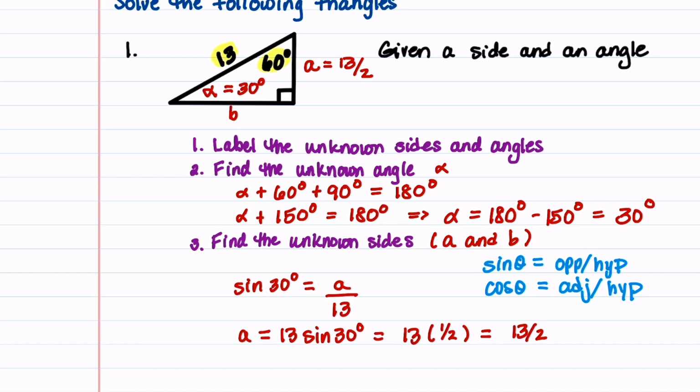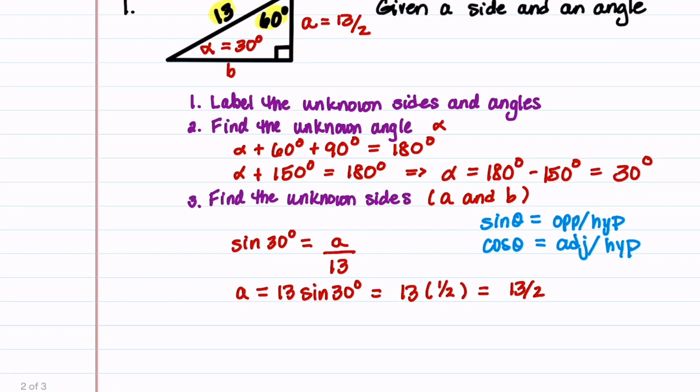Then we need to find B. Let's stick with using 30 degrees. Now we would say that cosine 30 degrees is the adjacent, which is B, over the hypotenuse.